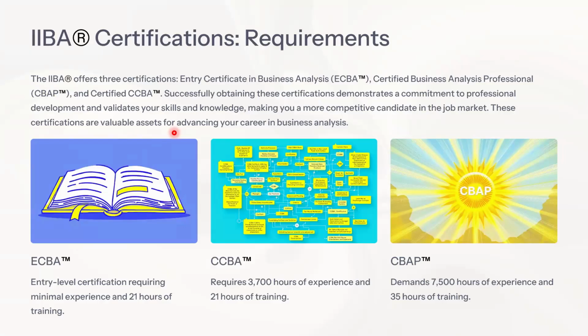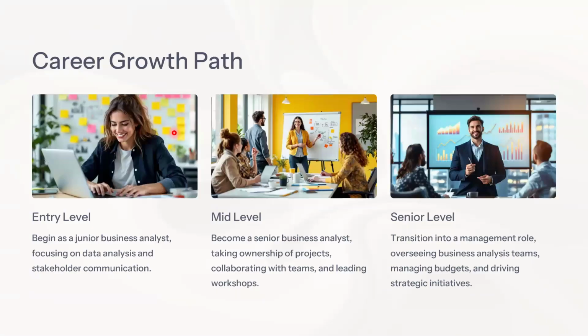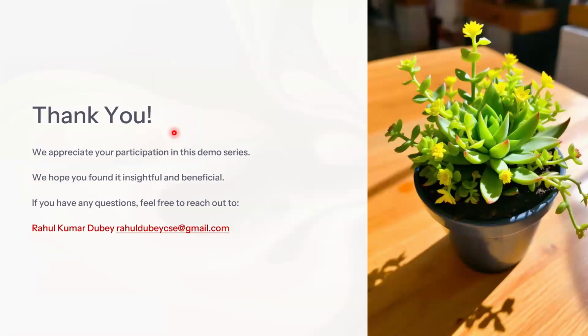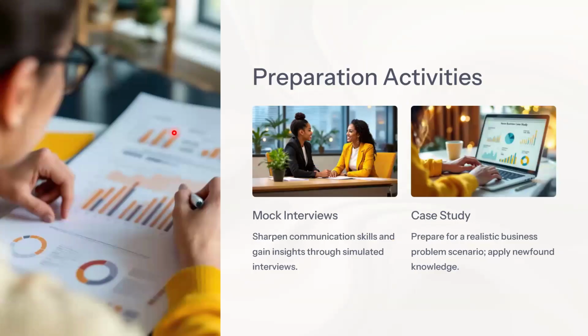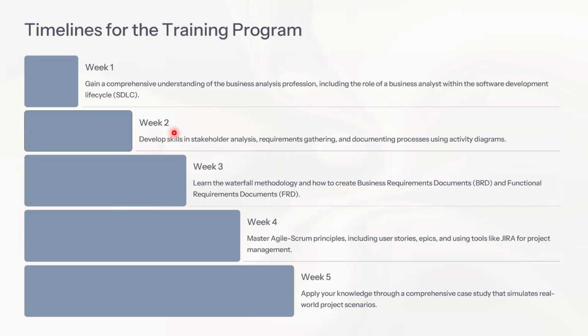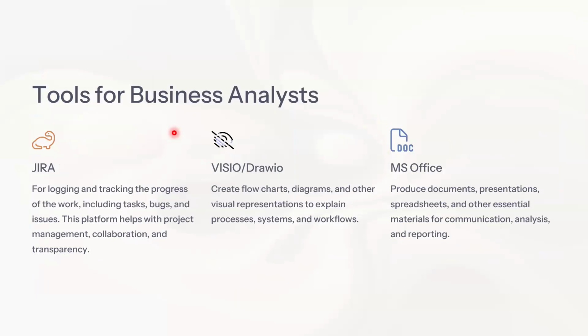What external certifications are available that you can appear for after taking this training program? What certifications will you get from us as well? And with these topics, we will then move on to the remaining agenda: what's the difference between a BA and a data analyst, a BA and a Scrum Master, and how AI, or artificial intelligence, is going to impact the work that we are doing.